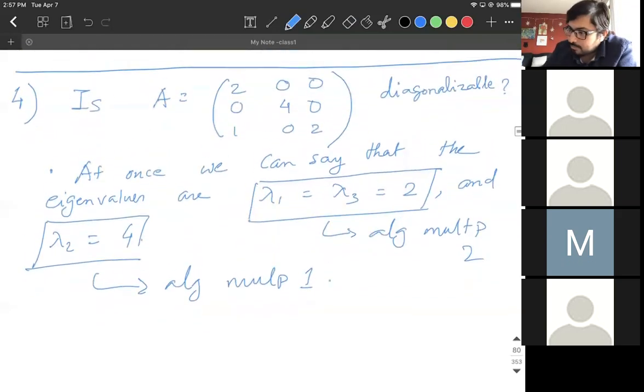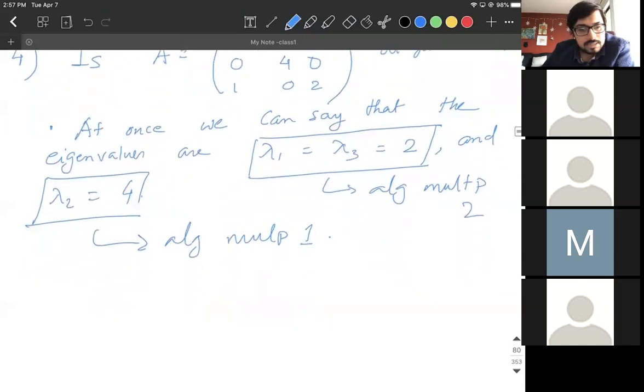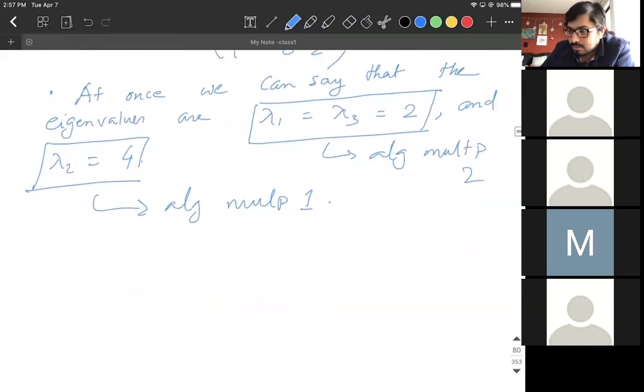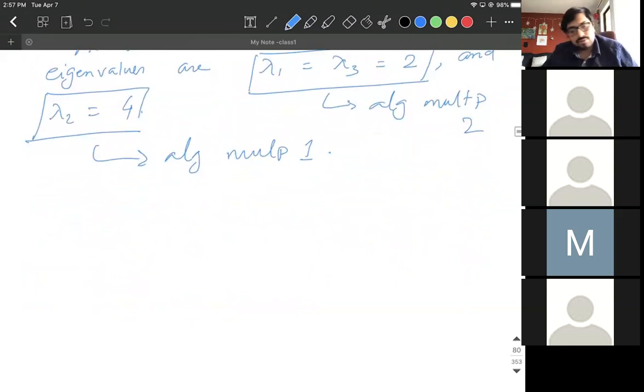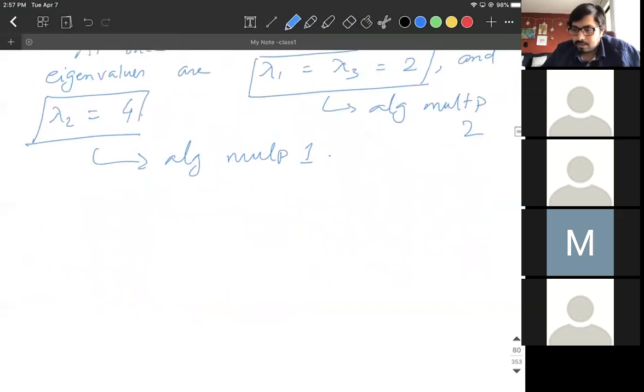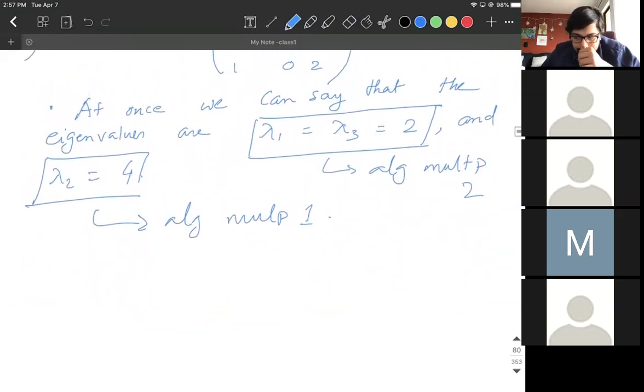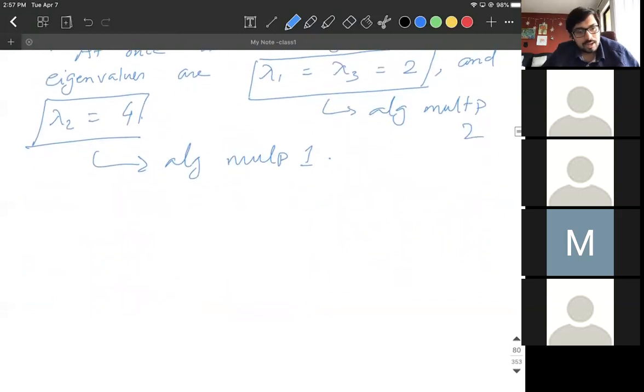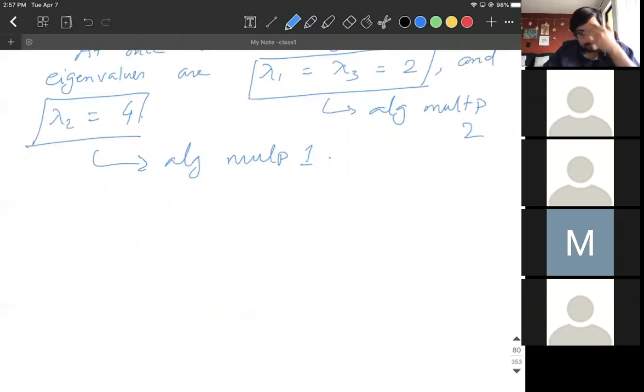Well, okay, now whenever you are asked such a question whether A is diagonalizable, the first thing would be to leave out all the eigenvalues whose algebraic multiplicities are 1, because you know that the eigenspaces will have dimensions at least 1, and since the geometric multiplicity cannot be more than the algebraic multiplicity, it has to be exactly 1.